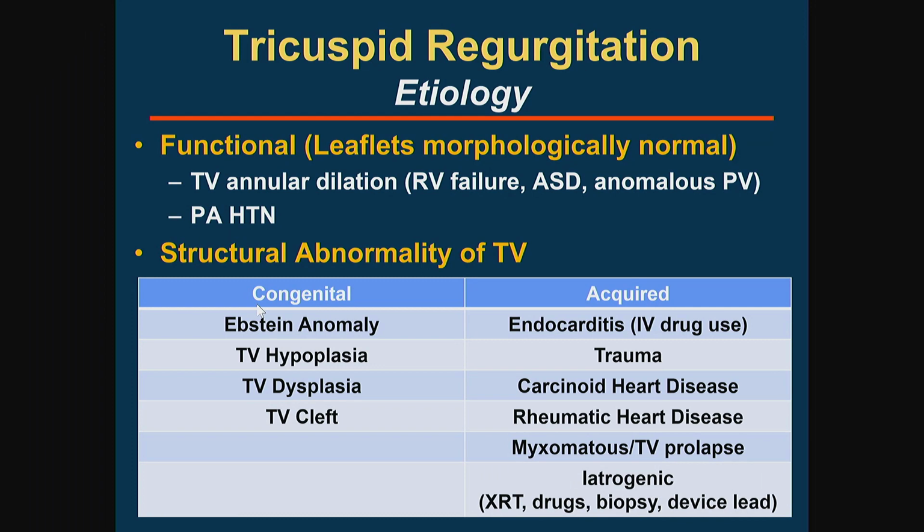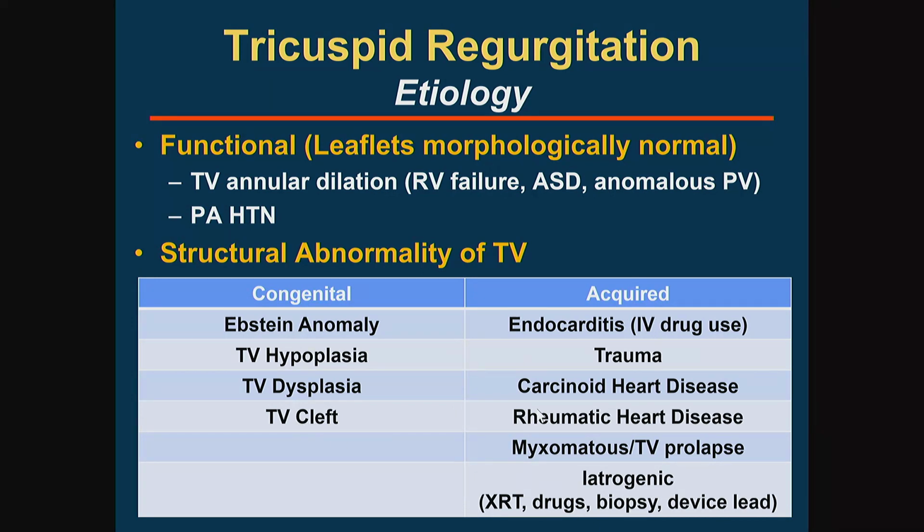These fit into 2 broad categories. First is congenital heart disease, and the second are acquired diseases, more commonly seen in adults. Amongst the congenital abnormalities, the chief abnormality to be aware of is Ebstein anomaly, which we'll come back to a bit later. And then there are a few less common abnormalities, including hypoplasia of the tricuspid valve, dysplasia of the tricuspid valve, or a cleft tricuspid valve.